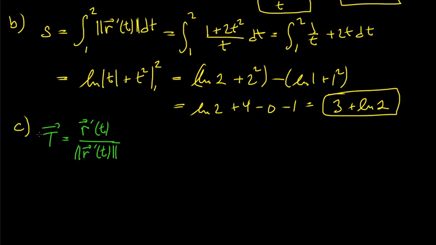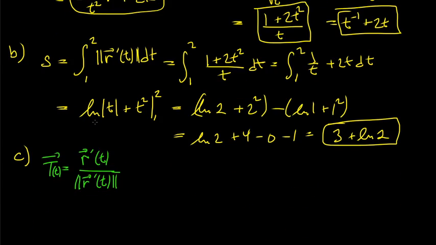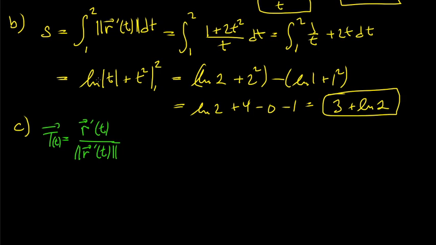And of course, this could be a function of t here, although we only care about this at t equals 1. So if you just want the unit tangent vector at t equals 1, you can just evaluate the velocity and the speed at t equals 1.